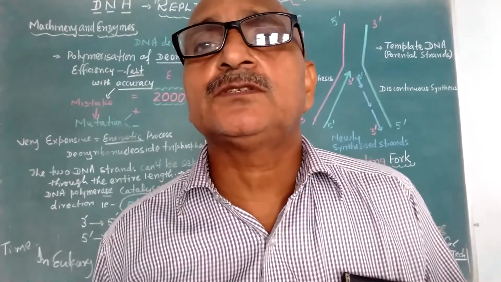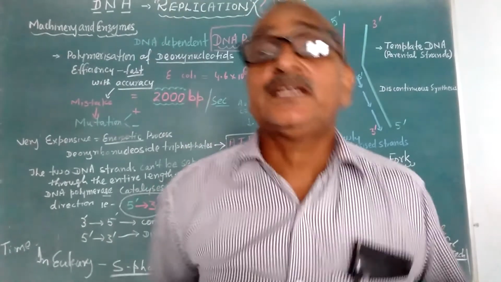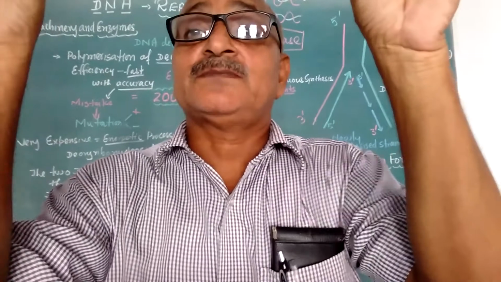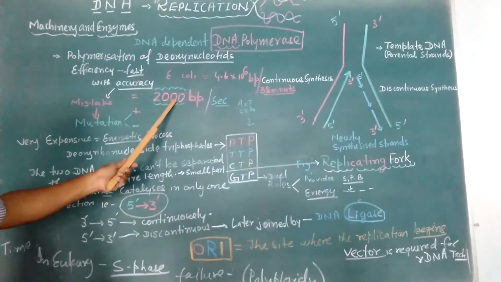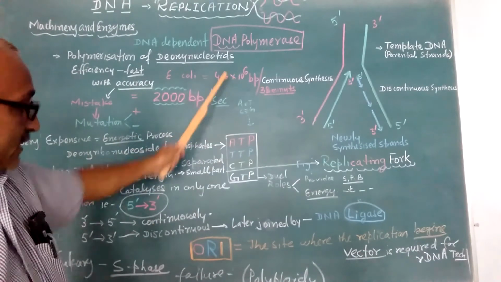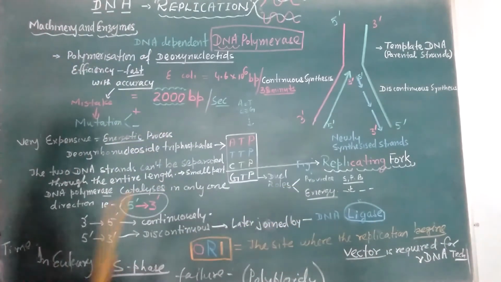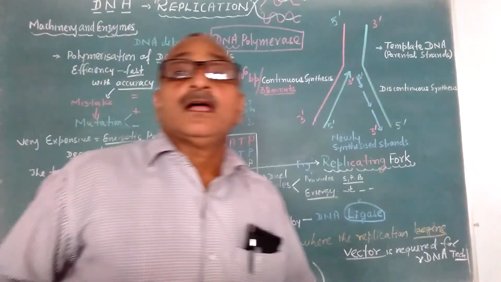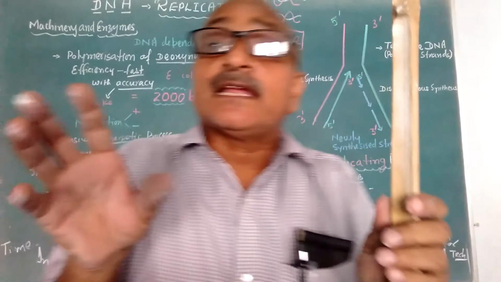Many times you will see that this question is very important in the board examination. We study not only for the board examination, but also for the NEET examination. Okay, never forget this: the speed, the number of DNA, the dual nature of this, and the work of DNA ligase. Another thing, I forgot to explain this.